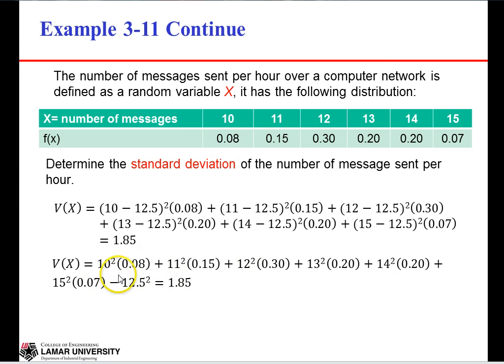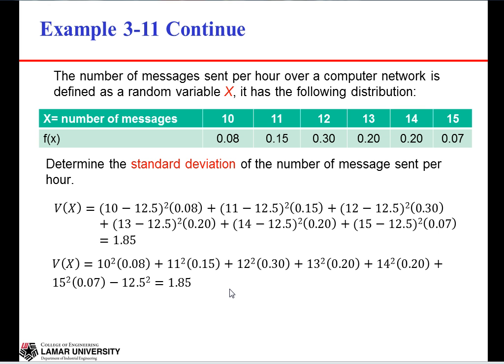But make sure you remember to subtract mu squared at the end. If you use the first approach, you don't have to do this. With both approaches, you will get the same answer, 1.85, as the variance of the random variable.